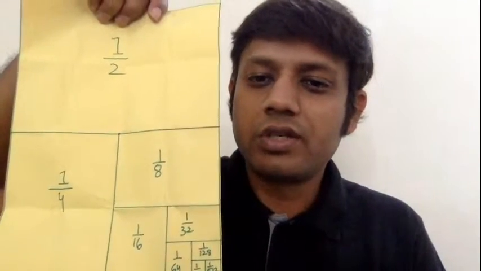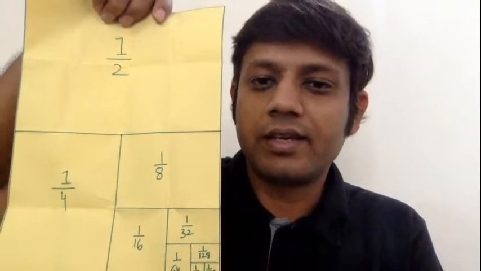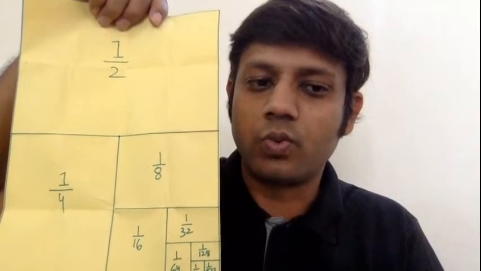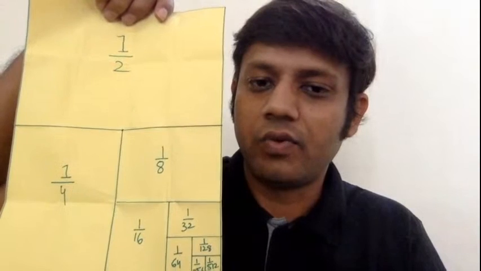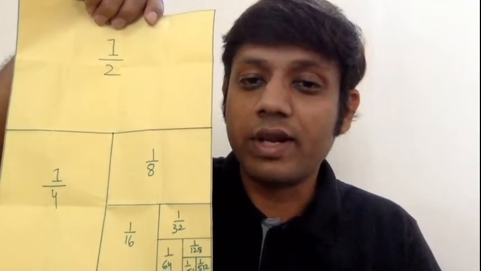Okay, now just take a step back and think, if you add all these areas, which is 1/2, 1/4, 1/8, 1/16, 1/32, 1/64, if you keep adding it, what exactly are you going to get?